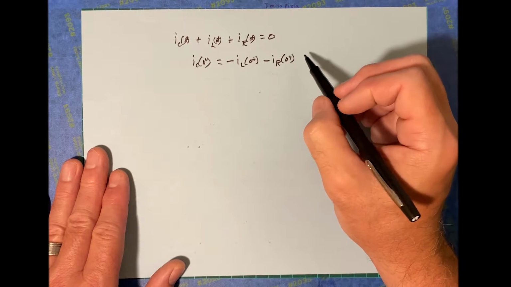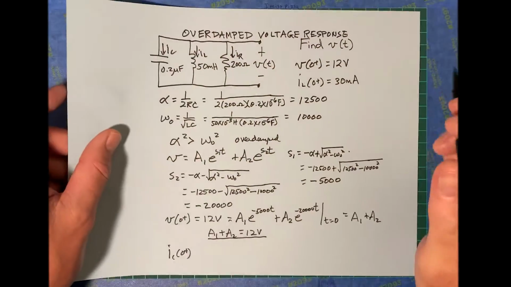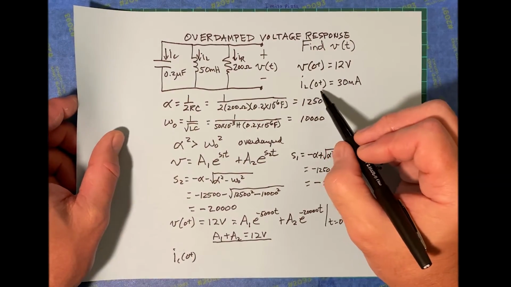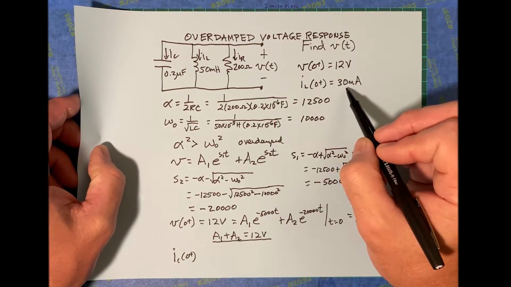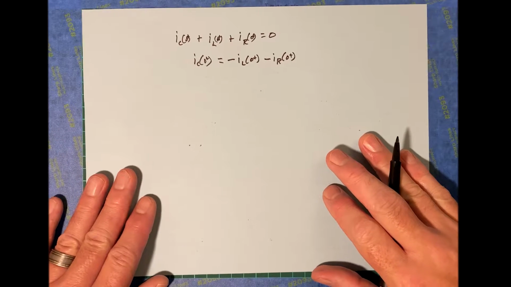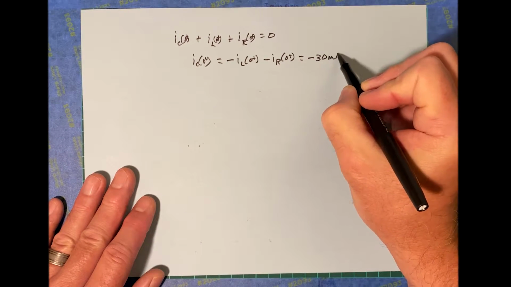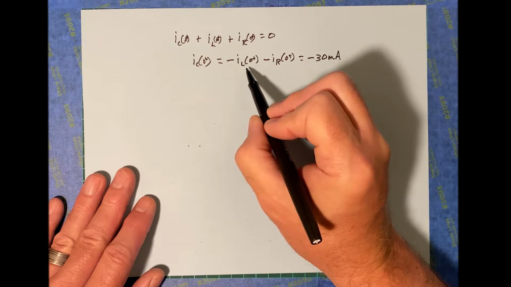Now, I sub L at 0 plus, I was told what that is, and that's 30 milliamps here. So I'm going to plug in minus 30 milliamps. That's for I sub L.